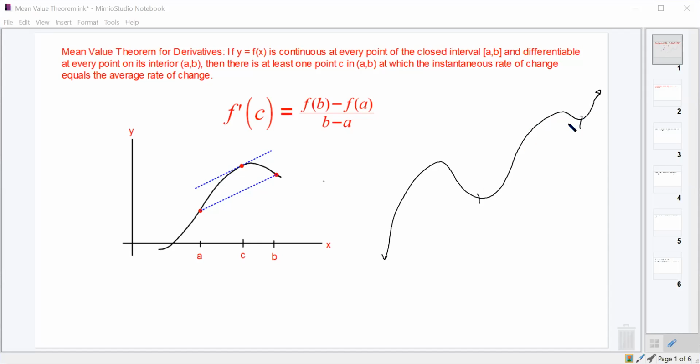The average rate of change between those 2 points, we could find that slope, right? Looks about like that. Well, all that this theorem says is that somewhere between these 2 points, there is at least one place where the instantaneous rate of change is the same. So where the slope of the tangent line is the same as the slope of that secant line. And in fact, on this interval, there happens to be, looks like, at least 2 different places where that is the case.